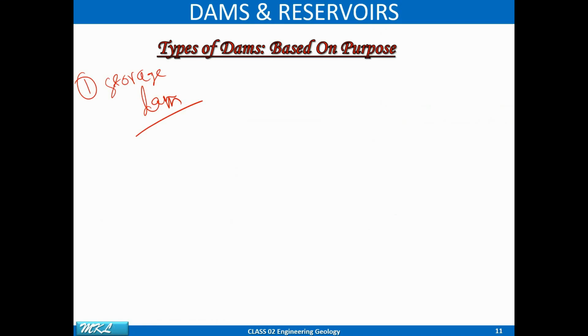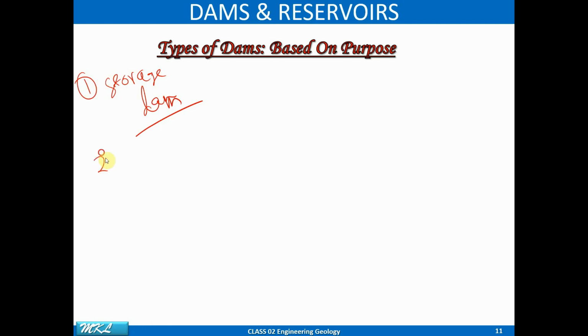It is constructed to create a reservoir to store water during periods where there is a huge flow in the river, for utilization in later periods of low flow. So during monsoon it stores the water because the reservoir has a certain capacity, and later जब खेती बाड़ी के लिए चाहिए होगा तो from there it can supply. That's the purpose of the storage dam.